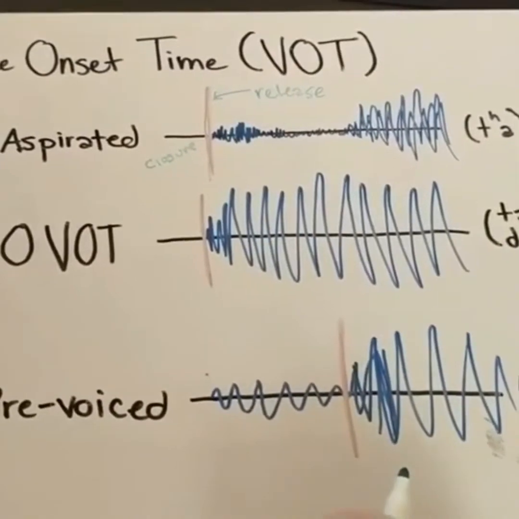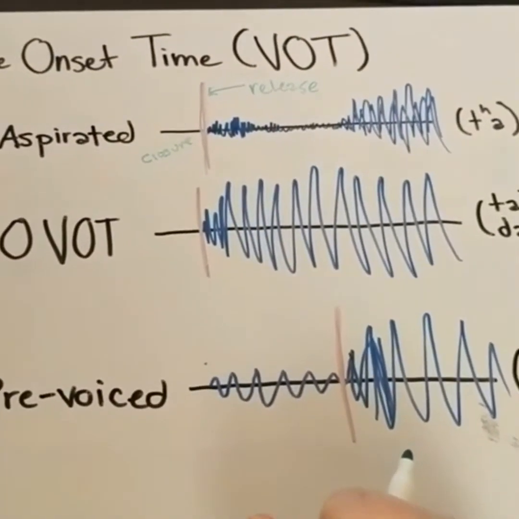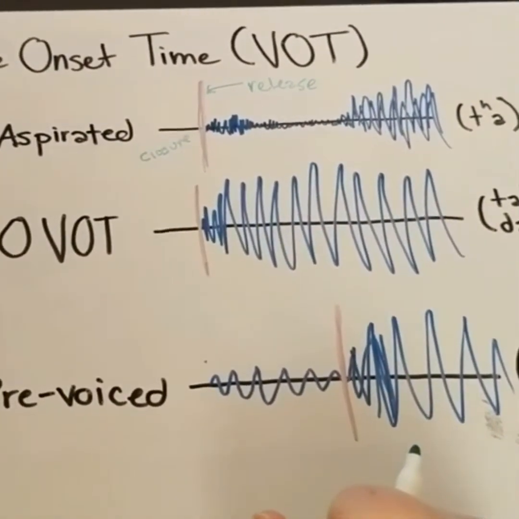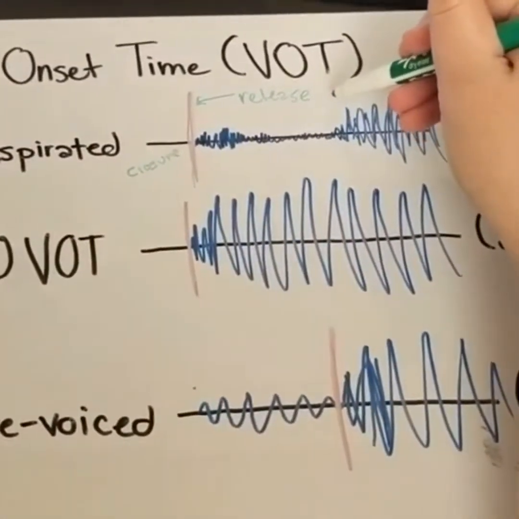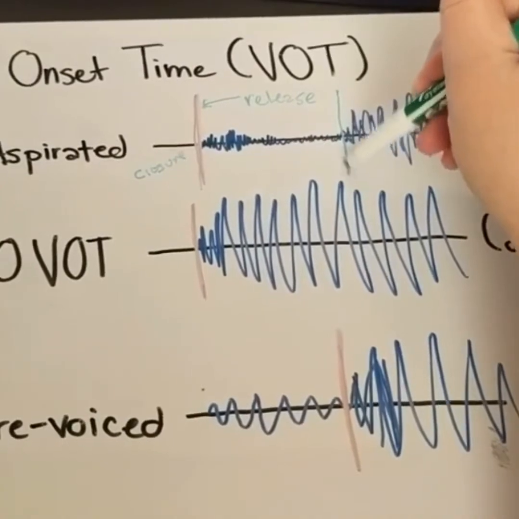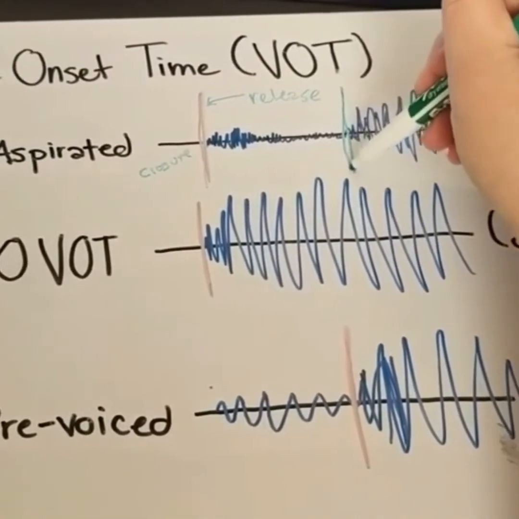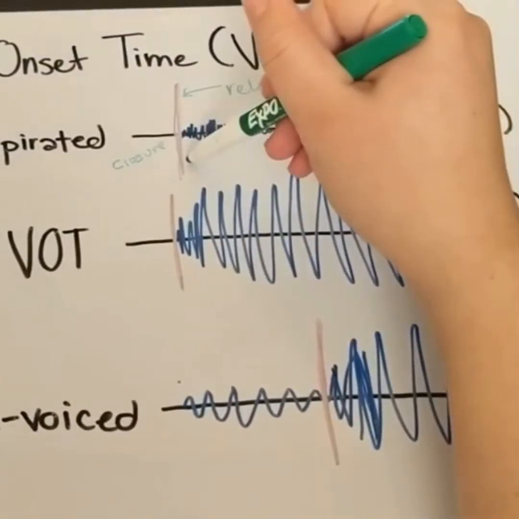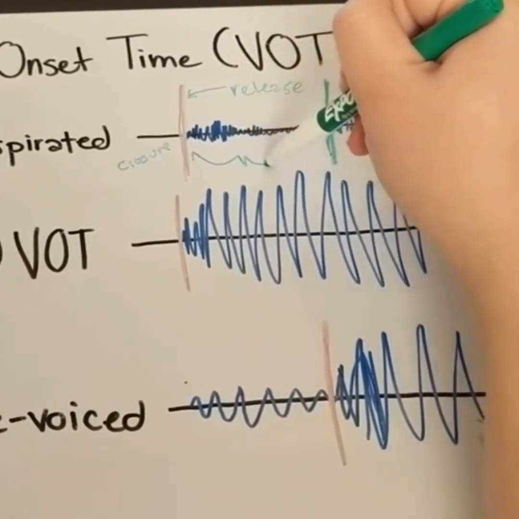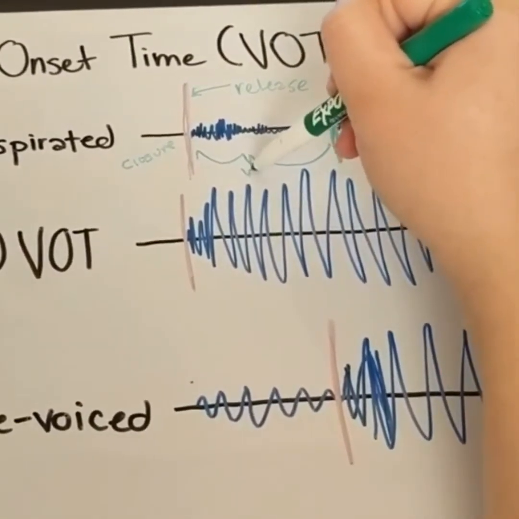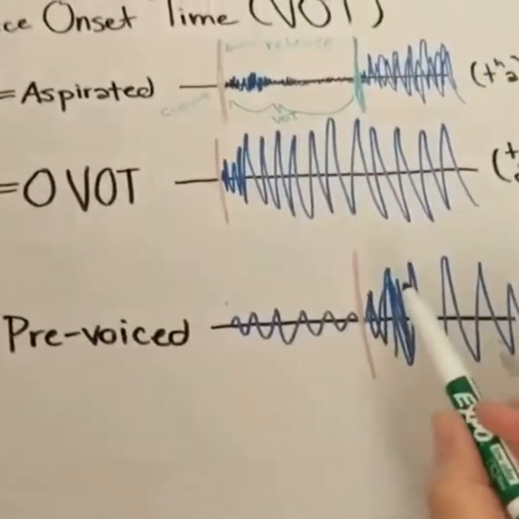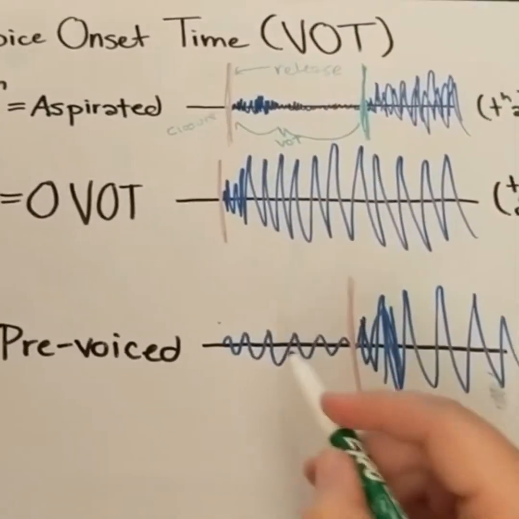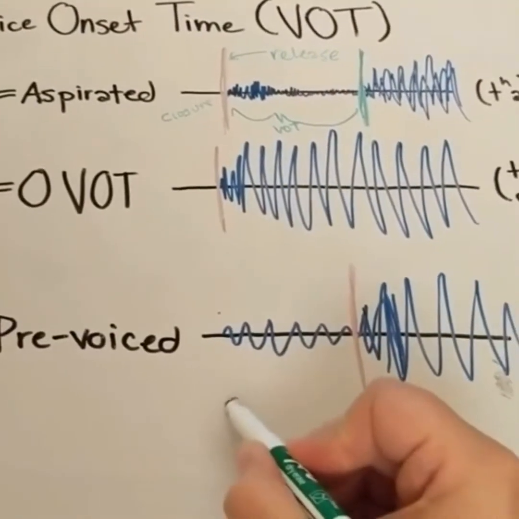And that's where you start to get that hissy sound, at that point of release. And then eventually you get to a place where you have the vowel sound. The vowel sound is starting up. This period in here is your VOT, your voice onset time.